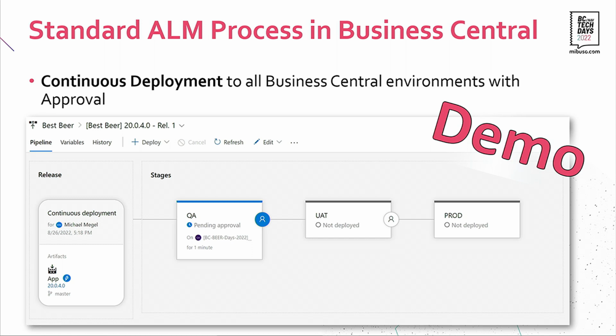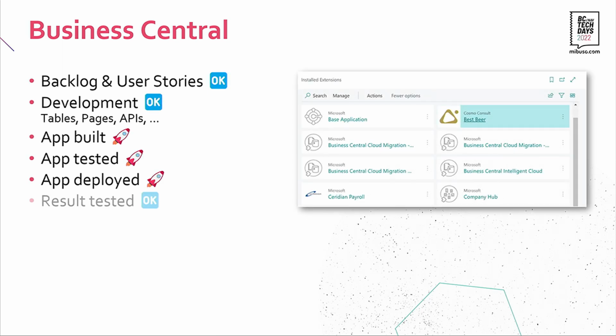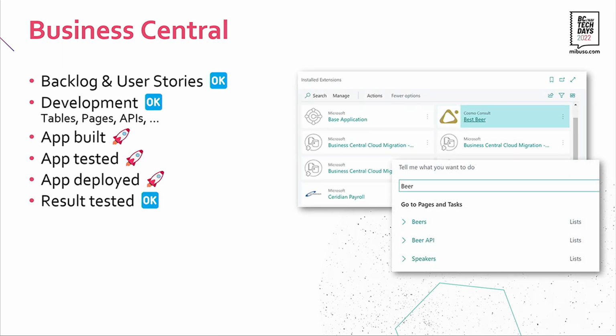This is nothing new to you because it's a standardized process. I use a backlog, define my user stories, develop, build my app automatically, test my app automatically, and deploy my app automatically. And as I've shown you, the result is there: the app is installed.